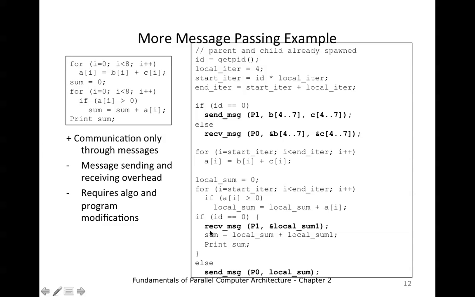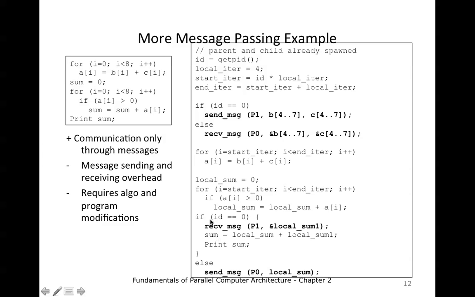So the parent process has to receive a message containing the local sum from the child process, and the child process has to send it. Once the parent process receives it, it has to add its own local sum with the local sum it receives from the child process, and put it into the actual sum.